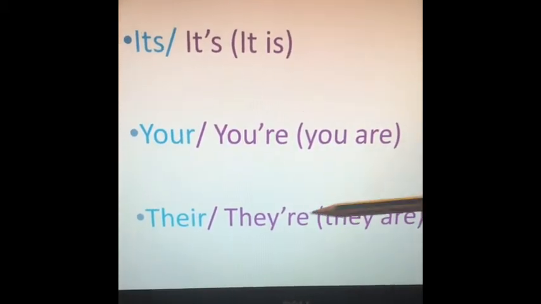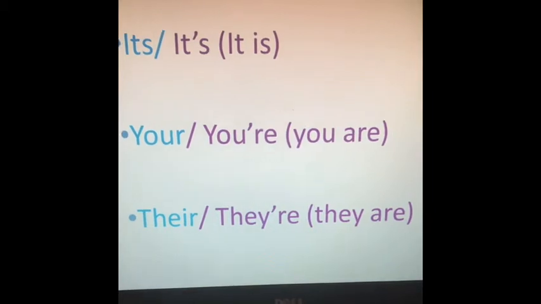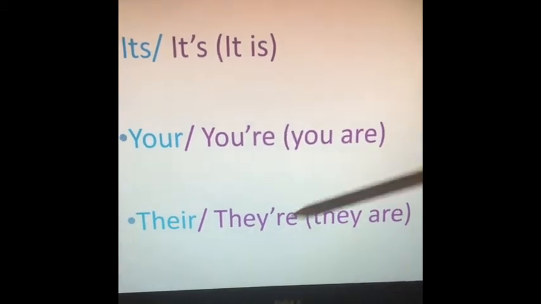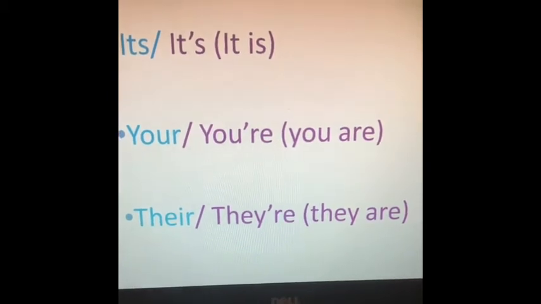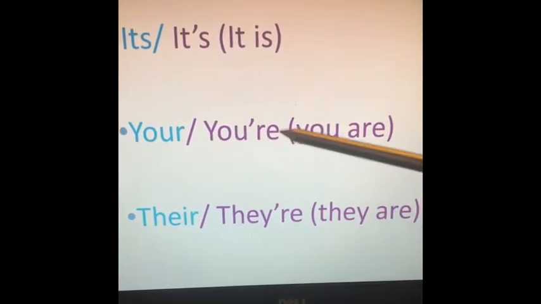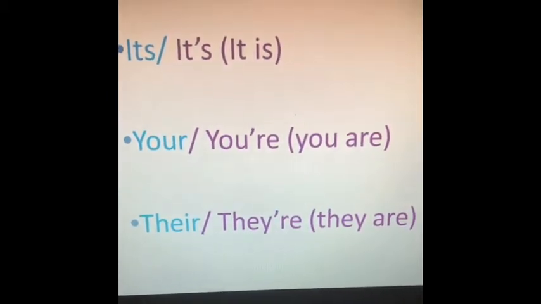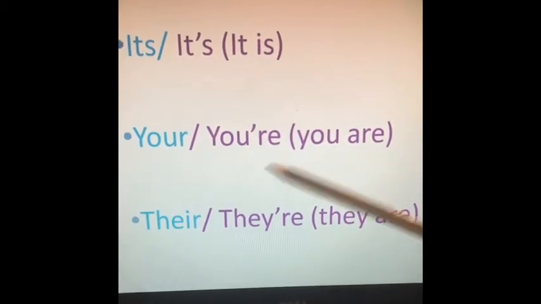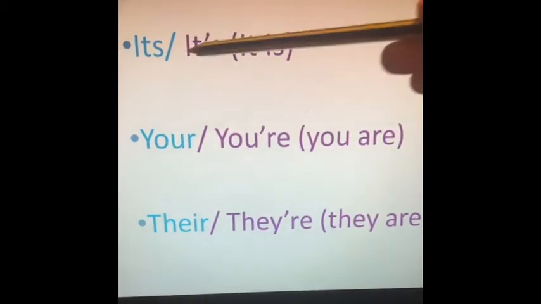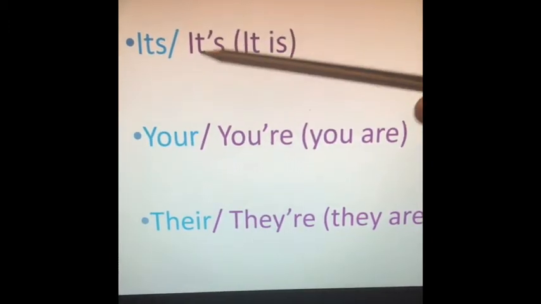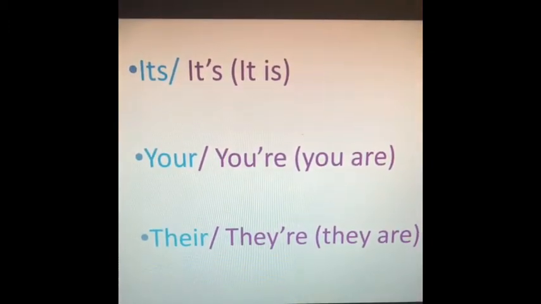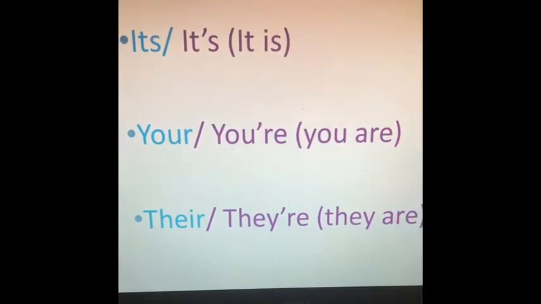They are used when we are talking about somebody, or a group of people. Like, for example, they're good students. You're a smart boy. Okay, if you are talking to a boy, for example, it's a cute cat, or it's a nice dog, for example.